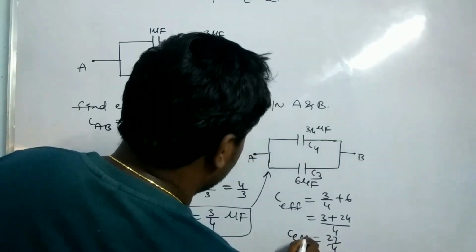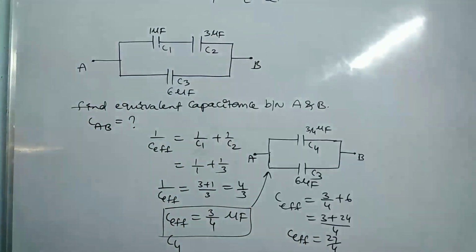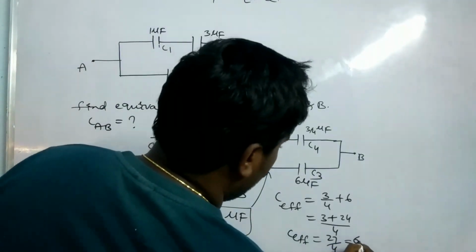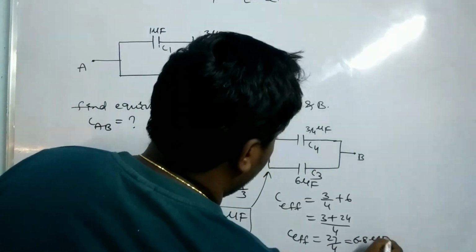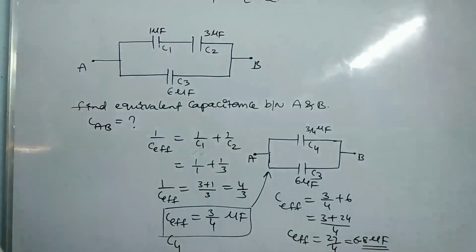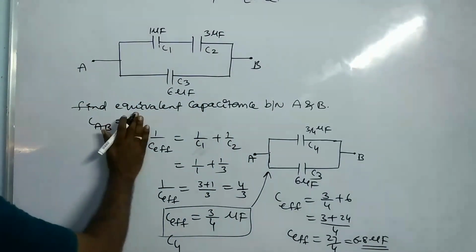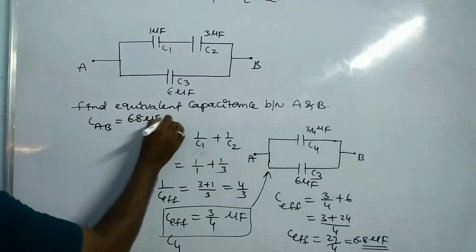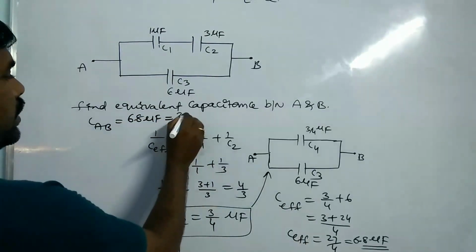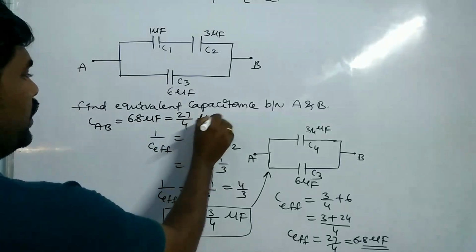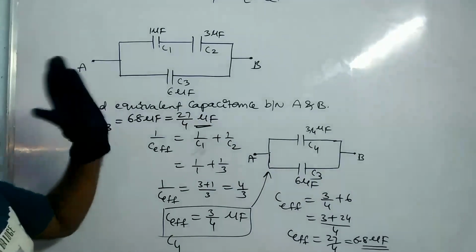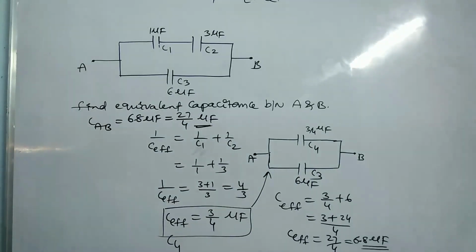So C effective is 27 by 4, that is 6.8 microfarad. So the effective capacitance CAB is 6.8 microfarad, or 27 by 4 microfarad. This is the process you have to follow to find equivalent capacitance in different circuits.